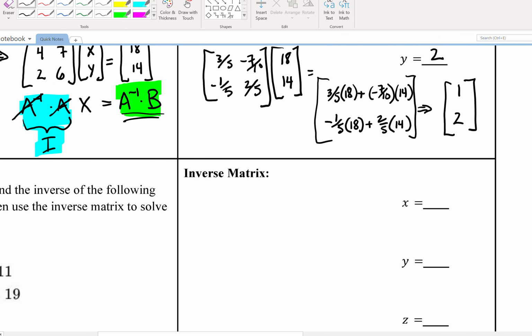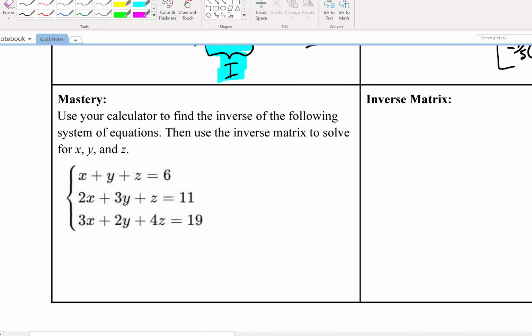All right, on this next one here, it says use your calculator to find the inverse of the following system of equations. Then use the inverse matrix to solve for x, y, and z. So first off, we want to translate this again into a matrix system. This time we get to use the calculator.